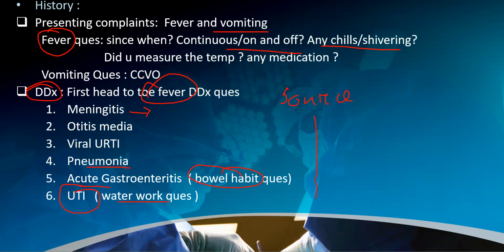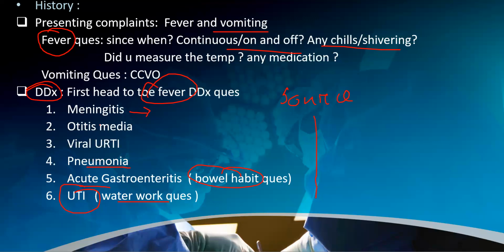So again, for the fever source questions, we start from the head for meningitis. Then we ask all the upper respiratory tract, including the eye, ear, nose, and mouth. Any itchy, runny or watery eyes, any runny nose, any pain in the ear, or does he keep pulling his ears, any discharge coming out of the ears, any sore throat or any difficulty in swallowing, and then go to the pneumonia: any cough, difficulty breathing or noisy breathing.